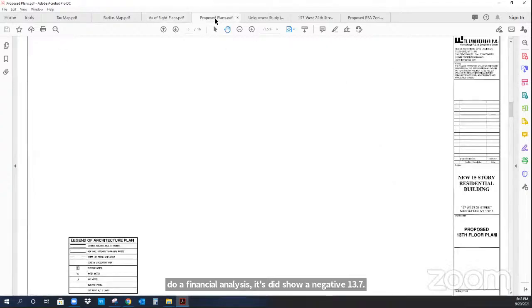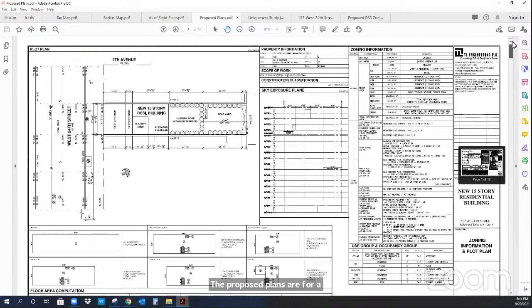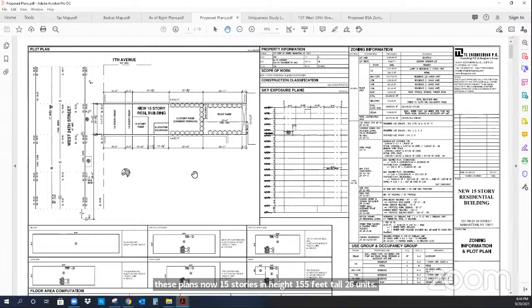The proposed plans are for a residential use. Showing these plans now. 15 stories in height, 155 feet tall, 26 units. No setback from the street, 19,856 square feet. That's a 9.65 floor area ratio. The district does allow for up to 10.